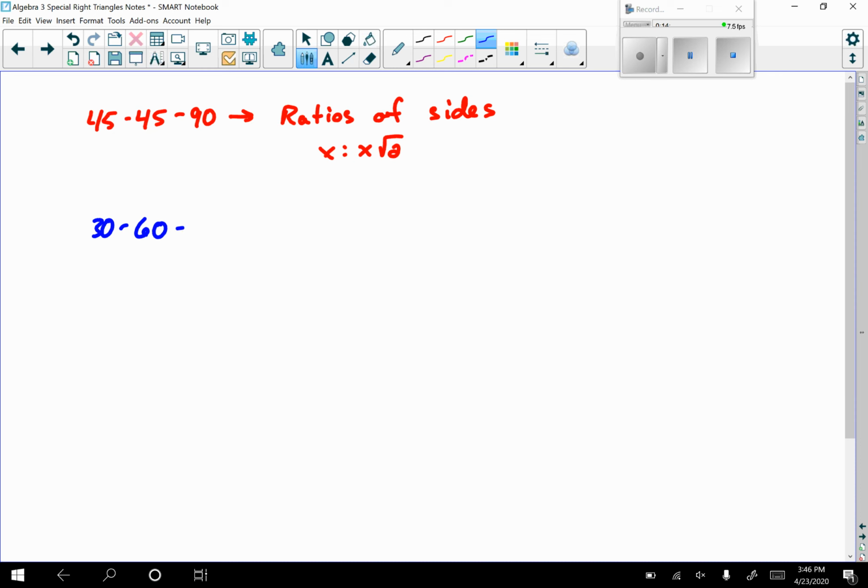For a 30, 60, 90, and again, we always want to go in order from smallest to largest. So in a 45, 45, 90 triangle, each leg is going to be smaller than the hypotenuse. Remember, the hypotenuse is the longest side of any right triangle. In a 30, 60, 90, we start off with the short leg as x, and then it's x radical 3, and then it's going to be a 2x. So this is a summary, the ratio of the sides here.